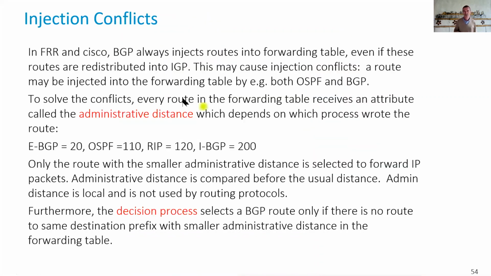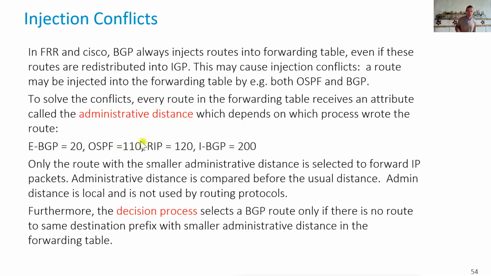Nonetheless, through history, or in order to be sure that the route is not lost if things are ill-configured, these routers that we have, and I suspect most routers that run BGP in the world do that today, inject all the routes, which leads to conflicts, because the same route may be learned via BGP or OSPF.